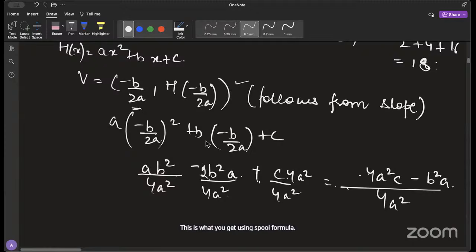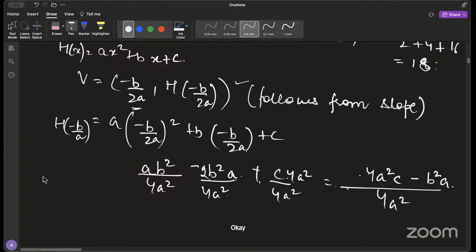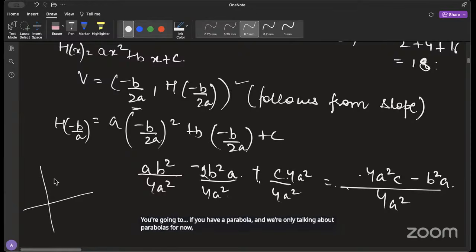Is this method described here the same for the maxima as well as minima? The y coordinate of the vertex of the parabola will give both the maxima as well as minima. If you have a parabola, and we're only talking about parabolas for now, you're only going to have either maxima or minima.